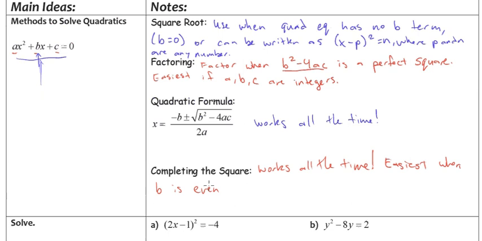And if b is odd, you end up with a fraction. And there's not a huge problem with it, but it's a little bit easier when b is even. And again, when a, b, and c are integers.